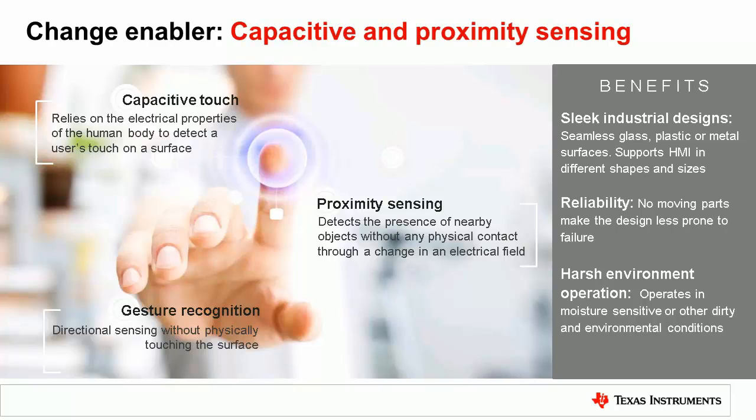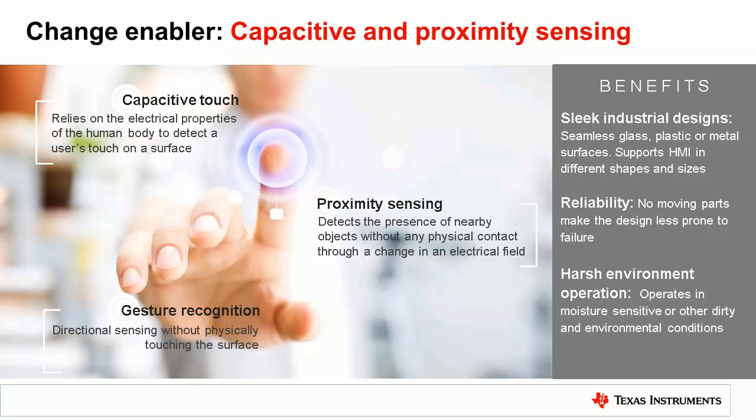Now, if we look at one of the key enabling technologies for this change, capacitive and proximity sensing is really a key thing that we see inside Texas Instruments, and we see industry-wide as one of the key enablers that's driving this change. If you look at this technology, the reason these things are coming about is it's really helping move away from clunky mechanical HMI interfaces to much more simple, sleek designs that can be fit in many different form factors over many different mediums, whether it's glass, plastic, or metal surfaces, all different shapes and sizes.